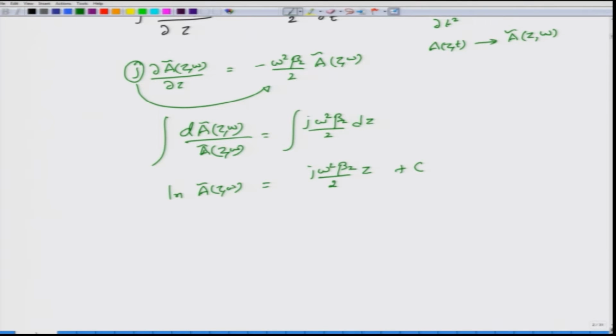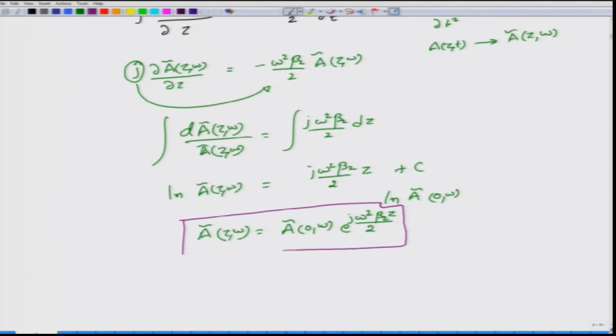You can now take the constant of integration to be something like A of 0 comma omega, because the variable is with respect to z, and rearrange the equation. So, you can write this as A of z omega equals A of 0 omega e to the power j omega square beta 2 z by 2. Now, this equation at this point may not make too much sense to you.